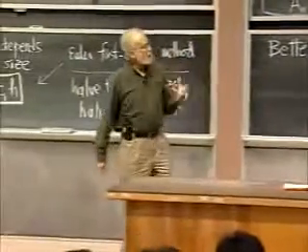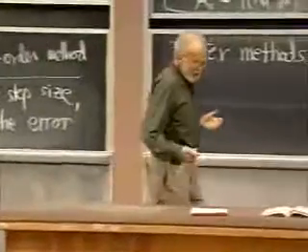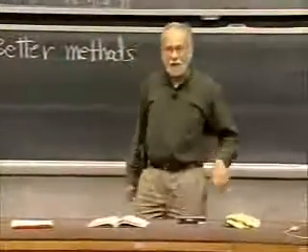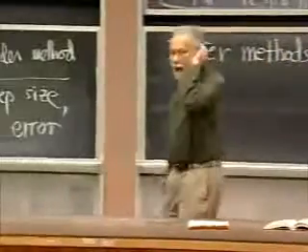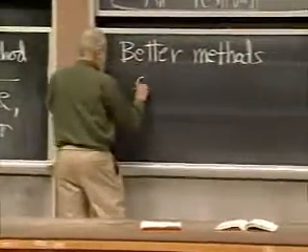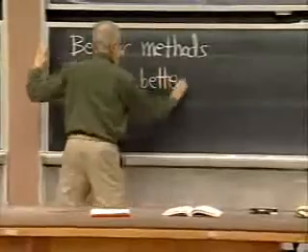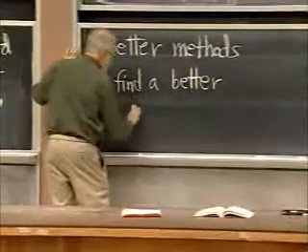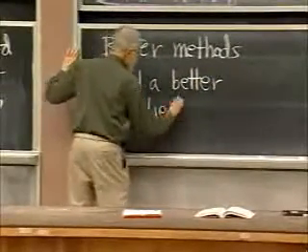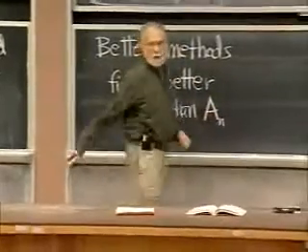And all the simple improvements on Euler's method, which are the most stable ways to solve differential equations numerically, aim at finding a better slope. So they find a better value than a_n. Try to improve that slope that you found.